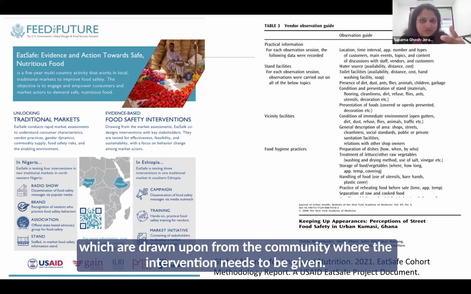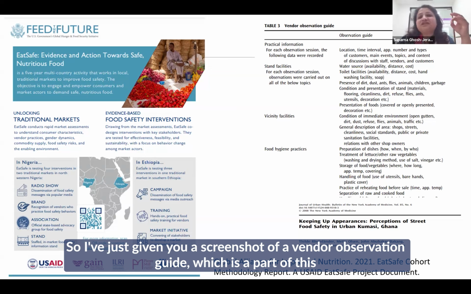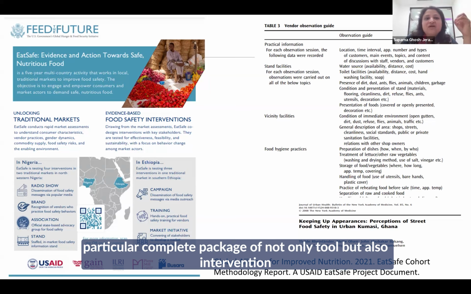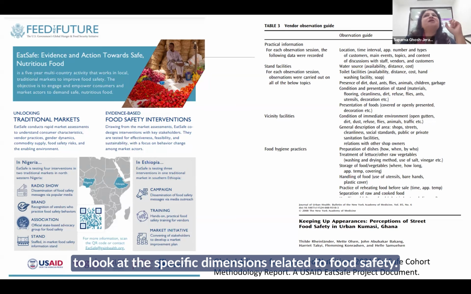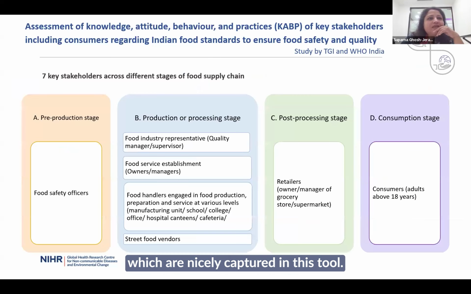So I've just given you a screenshot of a vendor observation guide, which is a part of this complete package of not only tool but also intervention. There are interesting papers from this group, and you can look at their assessment tools to look at the specific dimensions related to food safety, which are nicely captured in this tool.